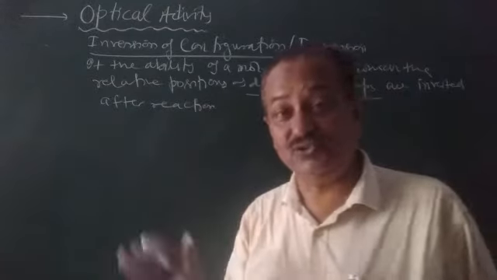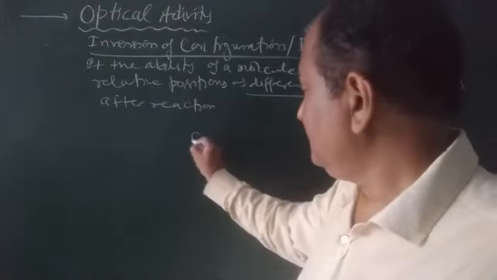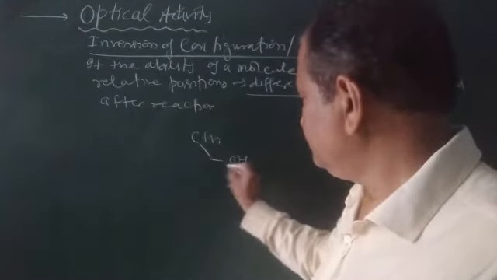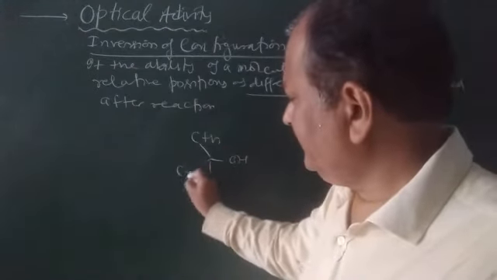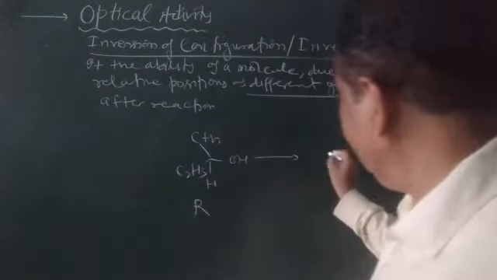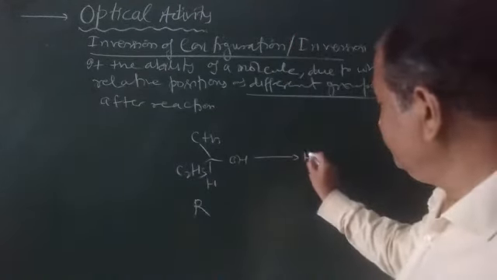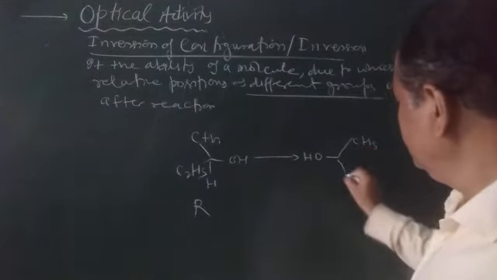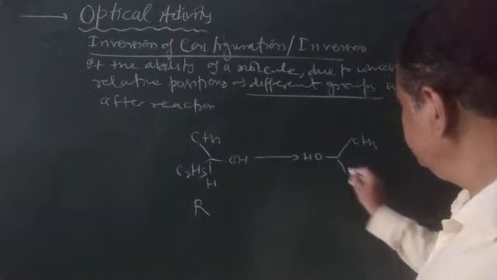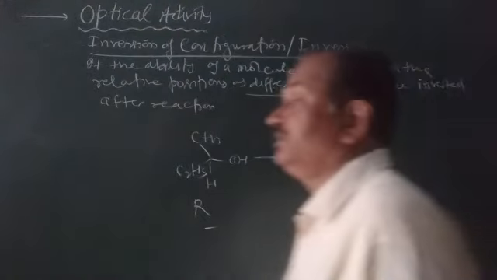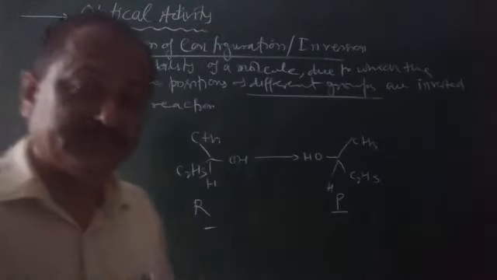So the same is the case here. Watch, you can take any example. This is the reactant, and if the conditions are just opposite, this is the product. So this is said to be the inversion of configuration.